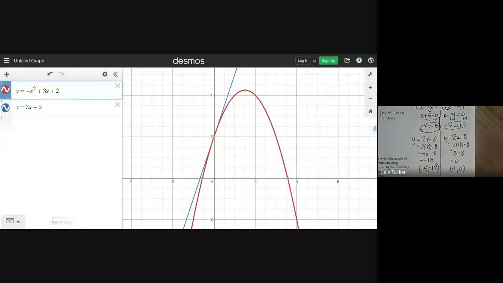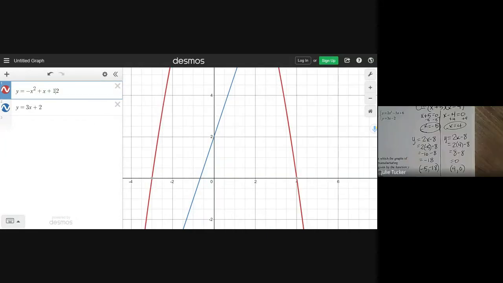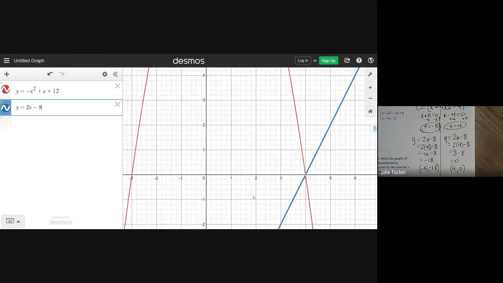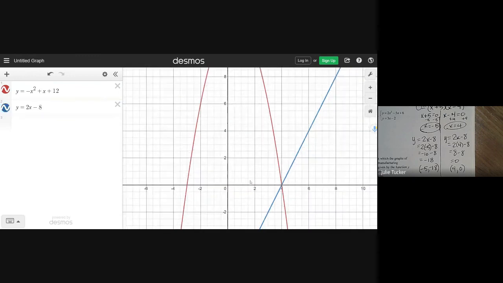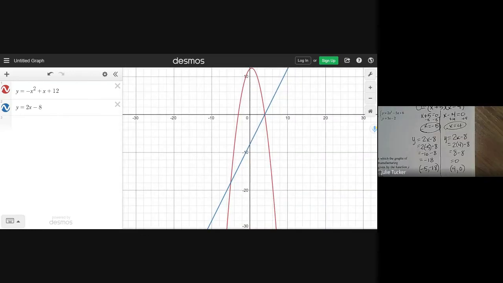And I have to type the new equations. So the equations for this one were, let me see, I have to change these. 1 plus 12. And then the other one has to say 2x minus 8. Okay, so those are the two equations. Let me zoom this back out. So, yep, there's 2 intersection points, right?